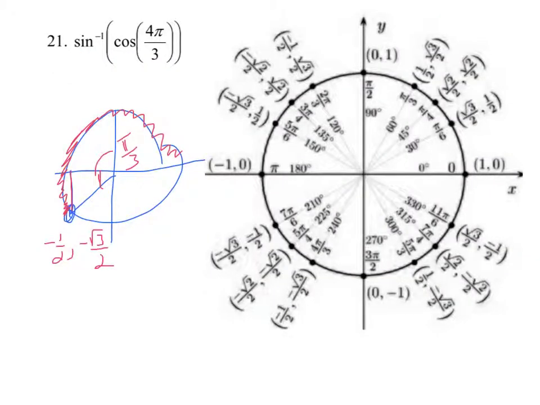So for number 21, we need to evaluate this. What I've done is I've thought about the inside function, which is the cosine. So there's an angular rotation of 4 pi over 3 radians. I know the reference angle's pi over 3, which tells me that's a 60-degree angle, which makes this side root 3 over 2, and makes this side 1/2.